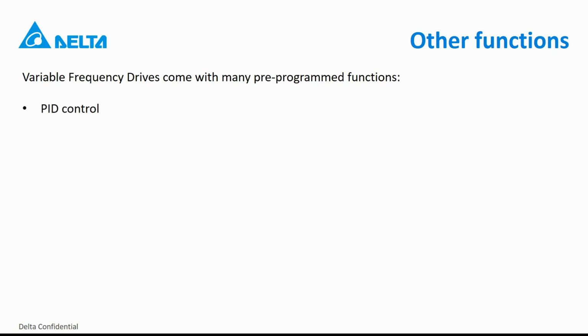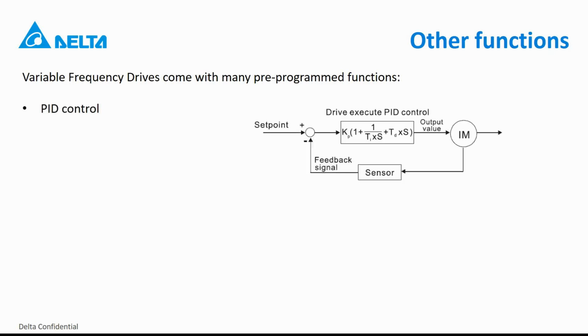So firstly, you have PID control, which is very commonly used to control dynamic processes such as flow, temperature, pressure, level, and others. The way it works, you normally have some feedback sensors. These are somewhere in the range of 4 to 20 milliamps or 0 to 20 milliamps, 0 to 10 volts, etc. Sometimes you also get the feedback through some communication protocols, so it doesn't really matter.